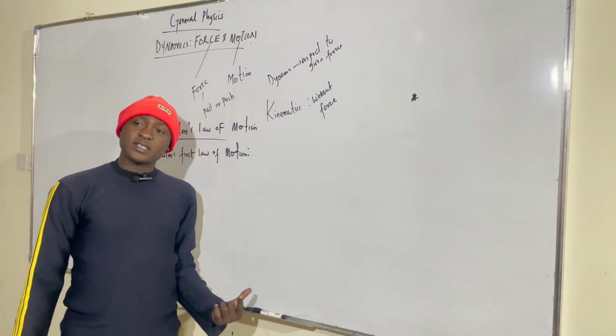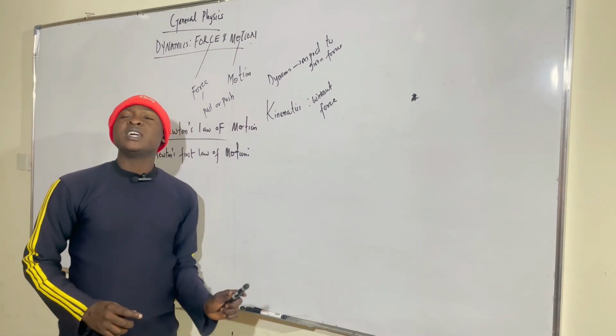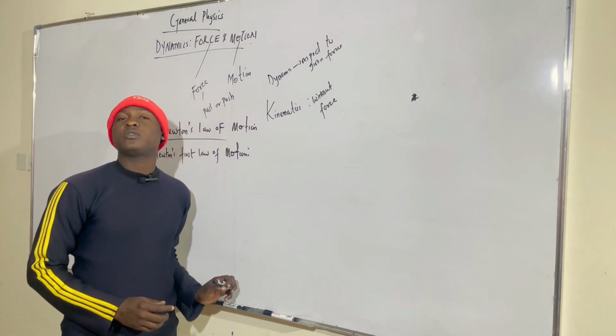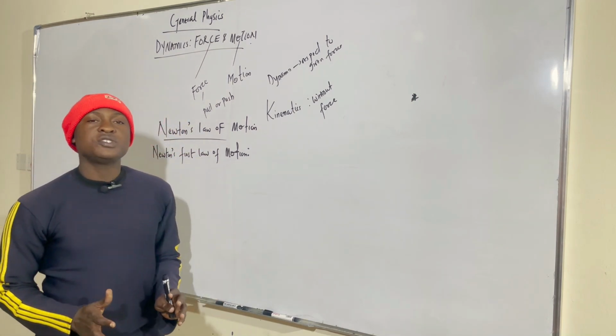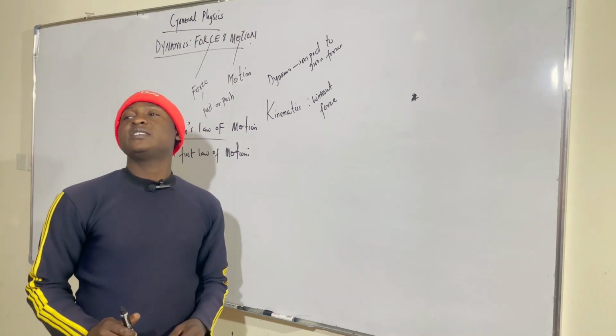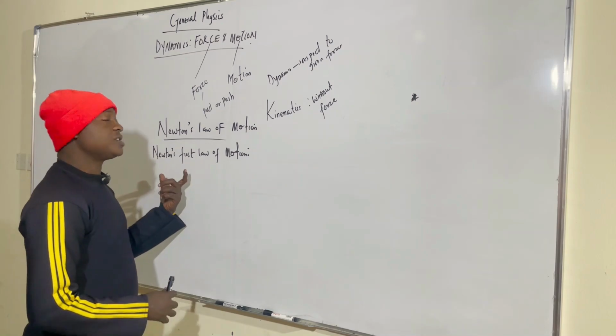The marker is an object. It will continue to be at rest unless it is acted upon by external forces. If I apply force to move it, it will change position from one point to another. So every object will continue to be in a state of rest unless acted upon by external forces. That's what the first law is about.